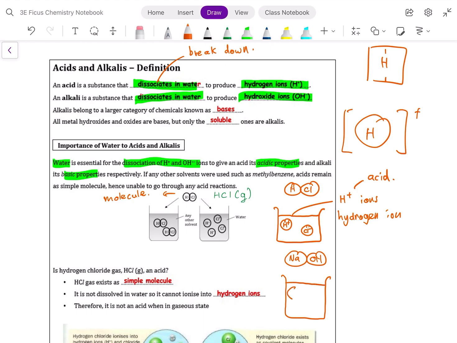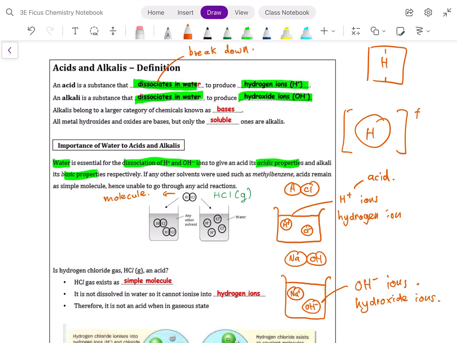Only when you throw it inside water, you have Na plus and OH minus. So this is your OH minus ions, or what we call the hydroxide ions. Same thing for acid: only when you throw it in water will it dissociate to produce ions.